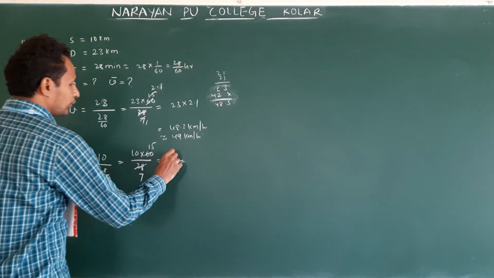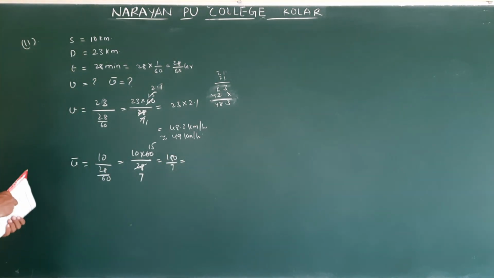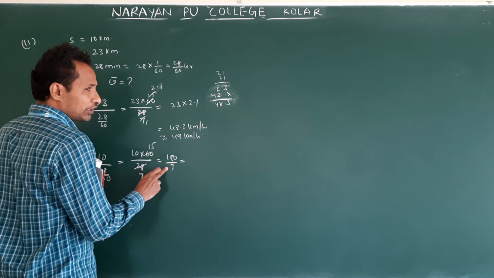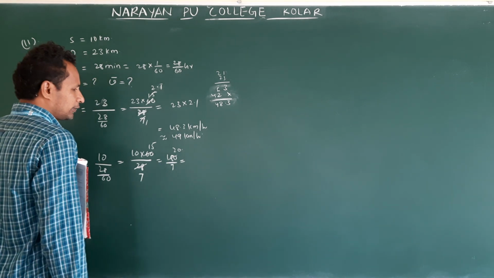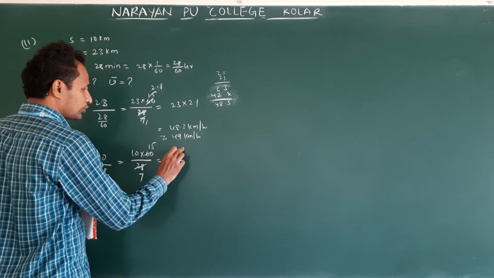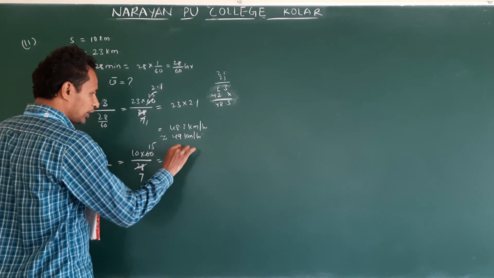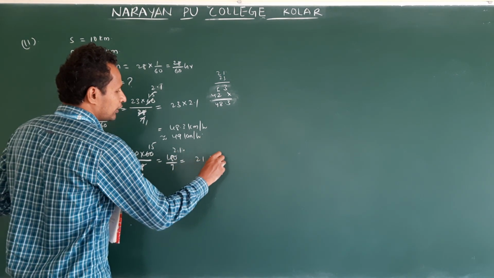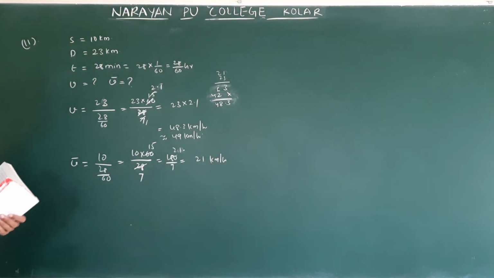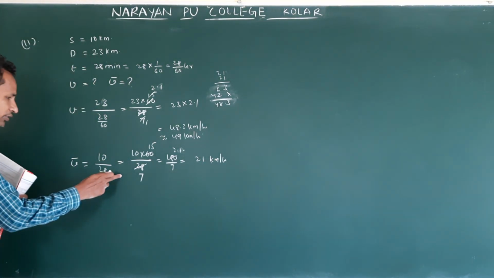Calculate and you will get the answer. 7 twos are 14, so 20, then 10 is there. So this is 21 point something we will get. So nearly equal to 21 kilometers per hour. So this is the average velocity, and that was the average speed.